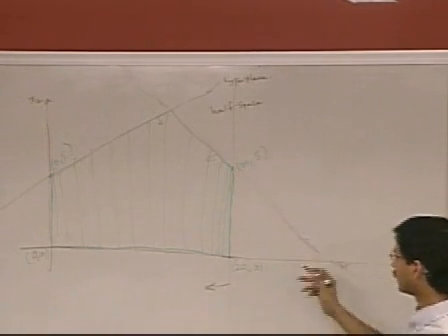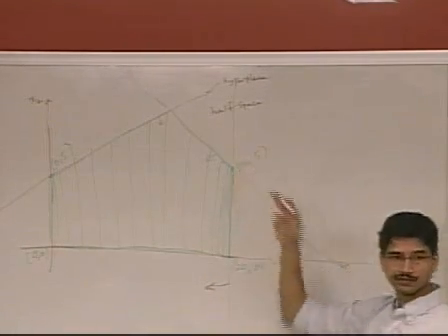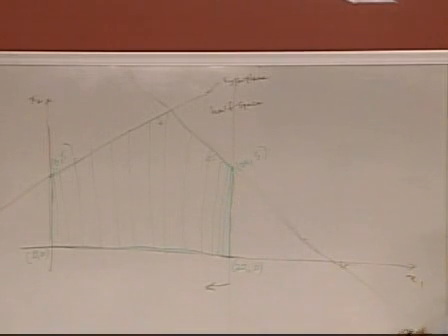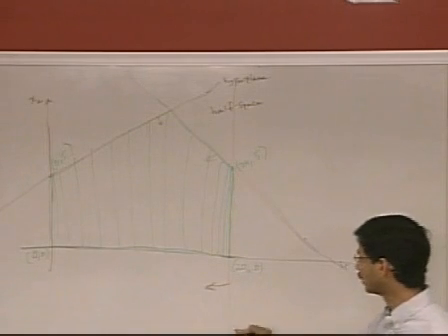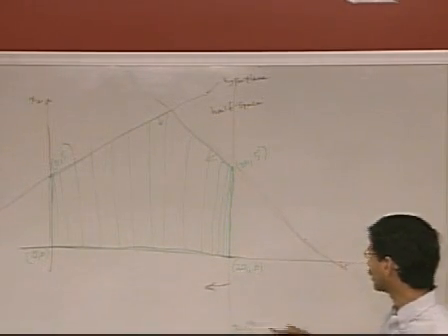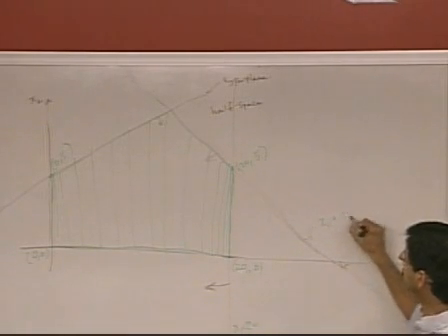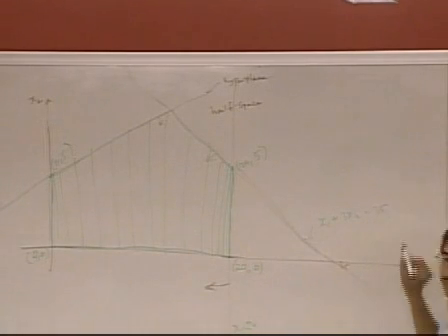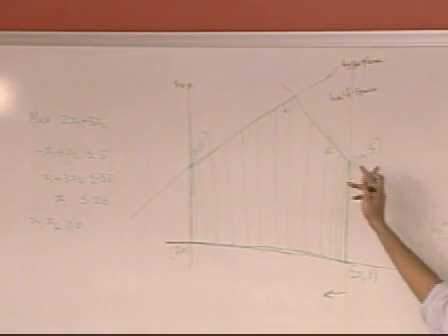The way you get it is by observing that this point is the unique solution to two equations, one given by this line, which is x1 equals 20, and the other given by this line, which is x1 plus 3x2 equals 35. If you solve these two equations, you get exactly this point.